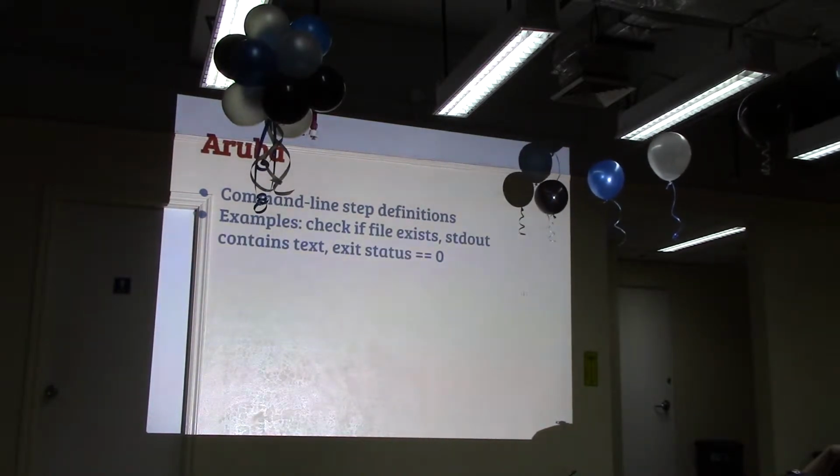There's a gem called Aruba that does most of these things. So a lot of my tests are used to check if standard out contains the name of the virtual machine. I'll show an example.